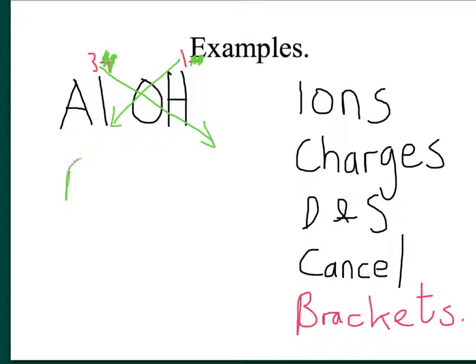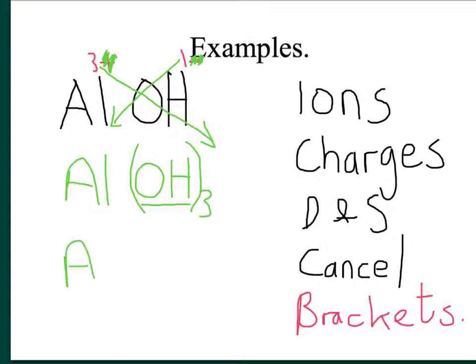So, don't write the 1, just put Al, and then we've got OH, but we've got 3 OHs, 3 of everything there, not just 3 H's. If we put the 3 like that, it looks like 1 oxygen, 3 hydrogens. So what we have to do, we put brackets in. So our formula is Al(OH)3.